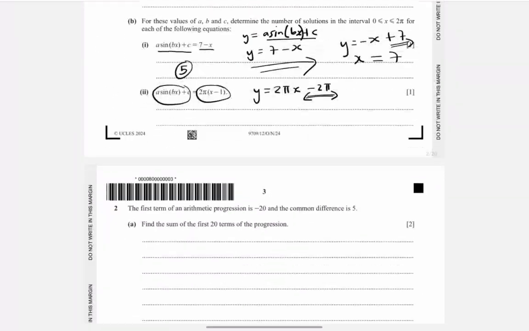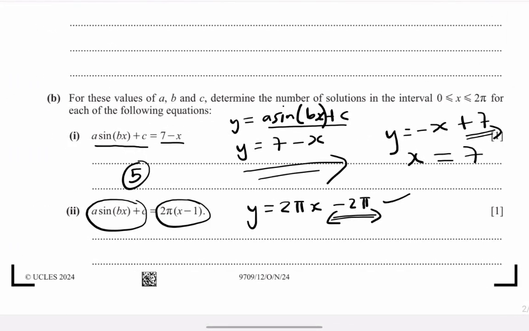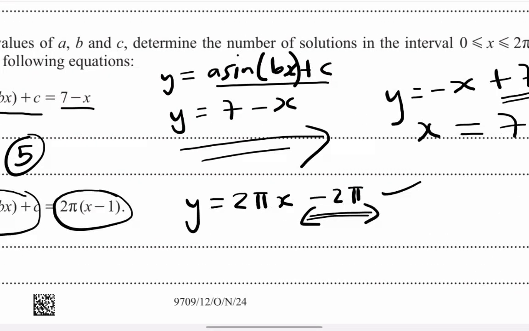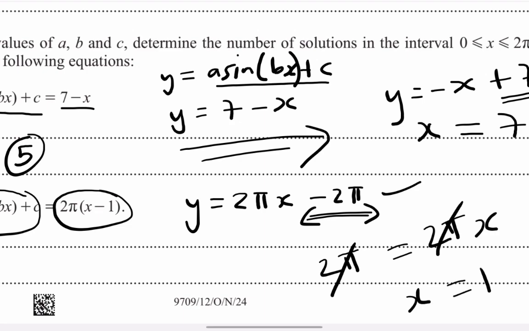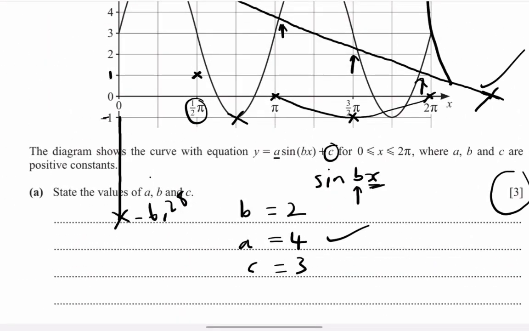And for the point at which this line crosses the x-axis, we know y will be 0. So we'll be saying 2 pi is equal to 2 pi x, and this will give us x to be equal to 1. And you know that line crosses the x-axis at x equal 1, which is half pi is 1.57.